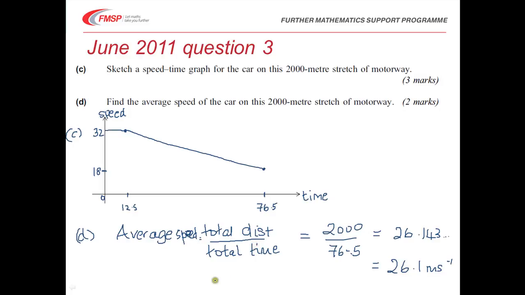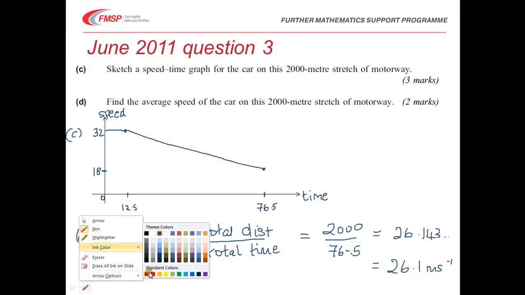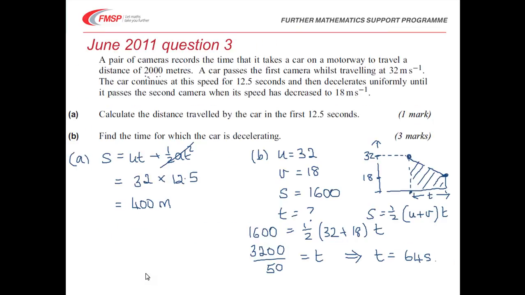Again, if we have a little look at the marks for this question, going back to the beginning. There was 1 mark here for working out the 400 metres, just a 1 mark without any method, a statement mark. You then got a method mark for using S equals a half u plus v times t here.